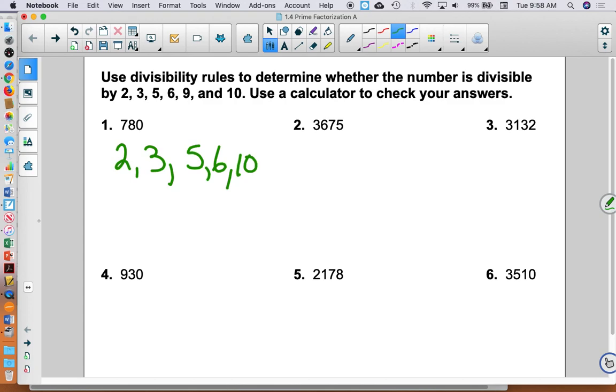So what's the rule? Okay. So does that affect this one? What's the rule? Good. Good.